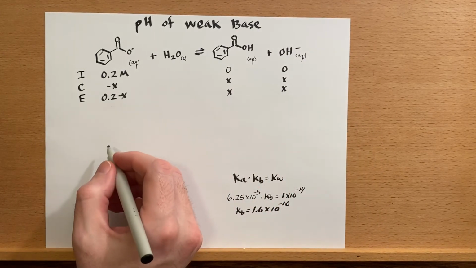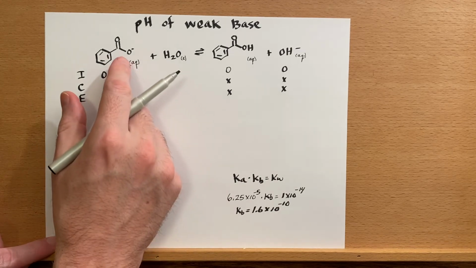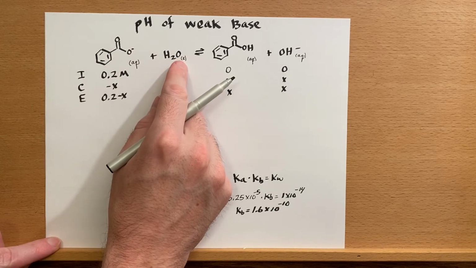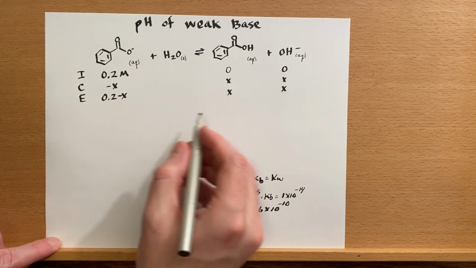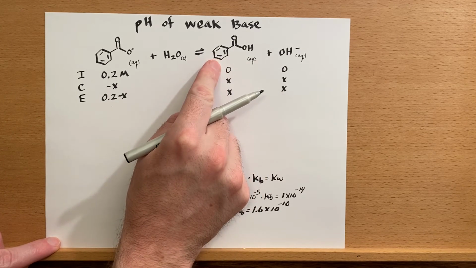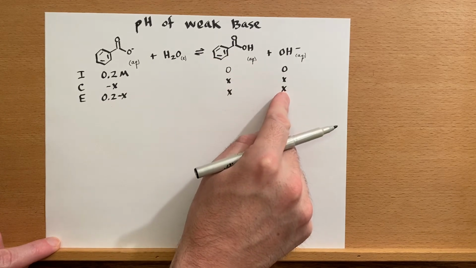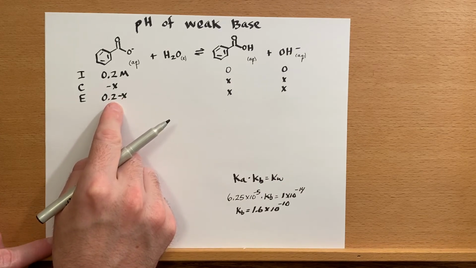Now we'll need to plug this into our Kb expression, and we're using Kb because this is a base reacting with water, so this is the Kb reaction. And that will just mean benzoic acid times the hydroxide concentration divided by the benzoate concentration.